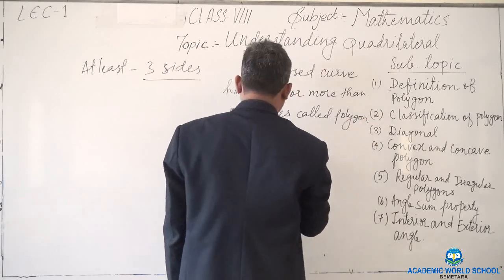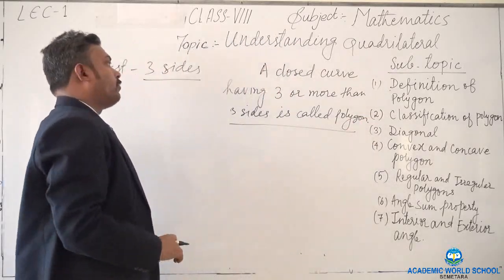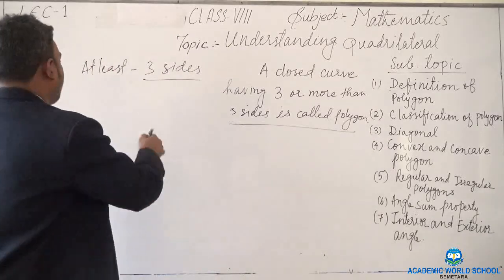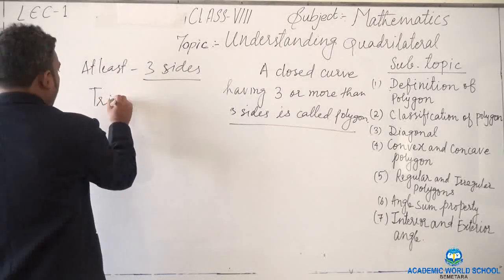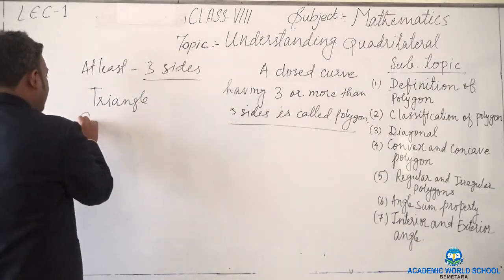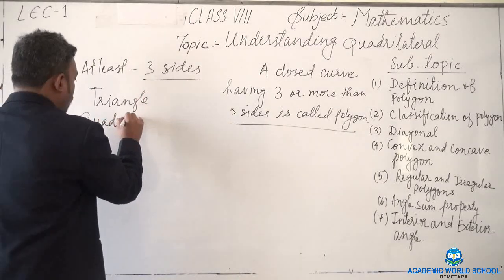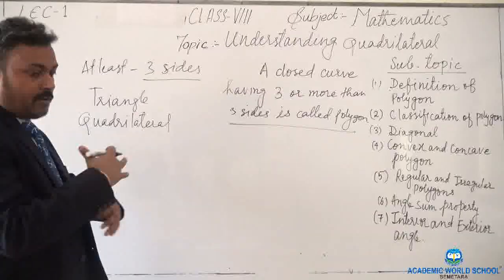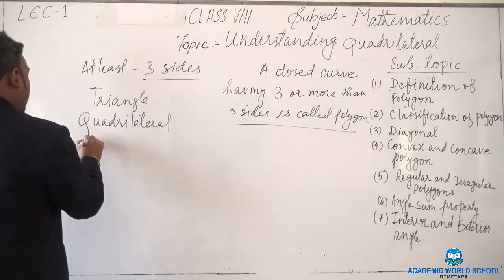So what kind of closed figure will have at least 3 sides? Triangle. If it has 4 sides, it's a quadrilateral. If it has 5 sides, it's a pentagon.